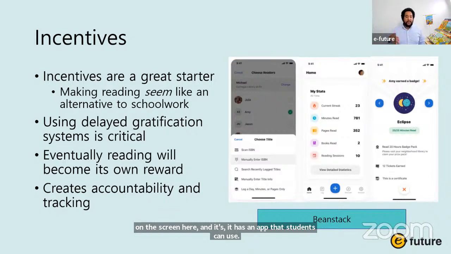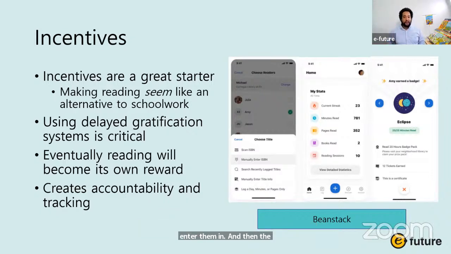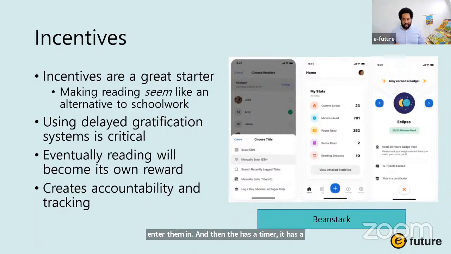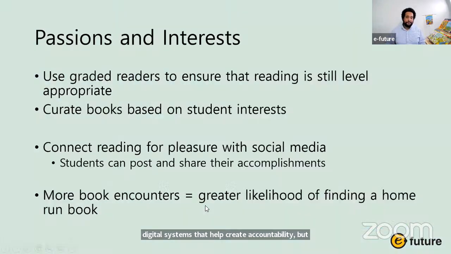And then the app has a timer. It has a tracker for how many pages they've read, or how long they're reading, how many books they've read, how often. And it provides rewards based off of that in the form of like badges and things like that. So you have these digital systems that help create accountability, but they also incentivize reading in a different way.